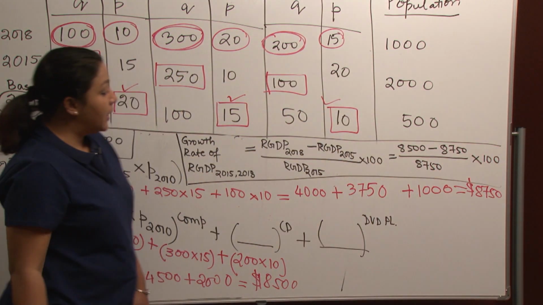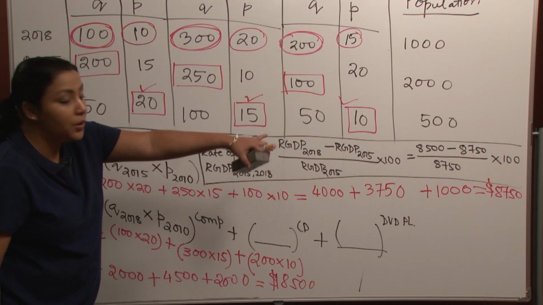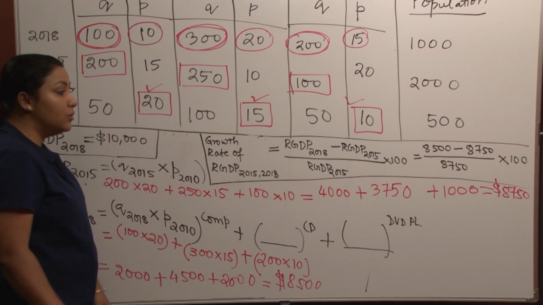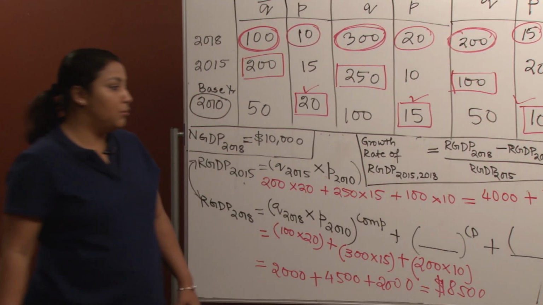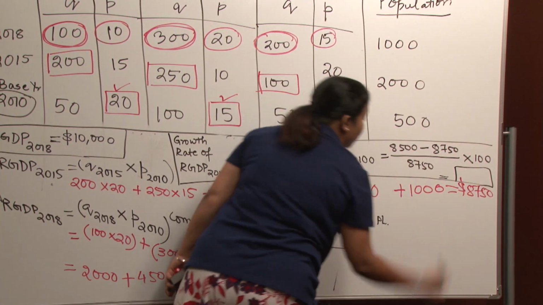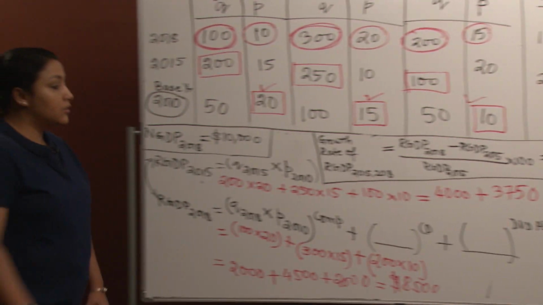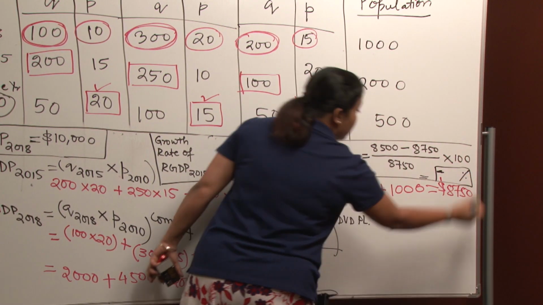Okay. You can clearly see that you are going to get a negative number because you are taking away a bigger number 8750 from 8500. So, you end up getting a negative number, whatever that answer is. I do not have a calculator, so you can calculate your answer. Whatever that answer comes to, it is going to be a negative number and it is going to be a percentage value.